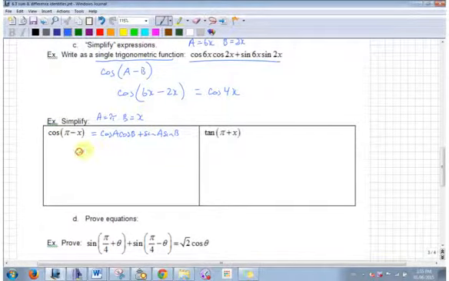So cosine pi cosine x plus sine pi sine x.